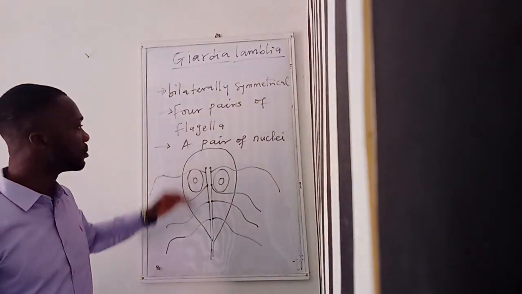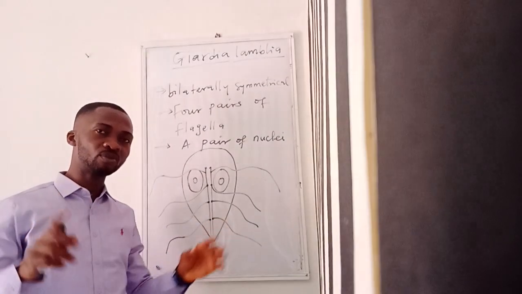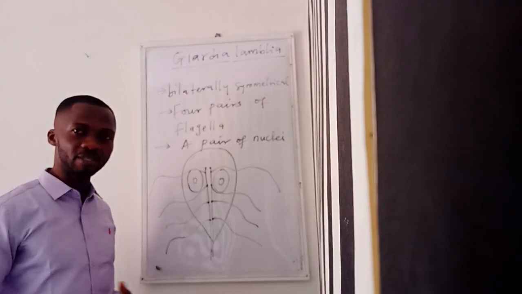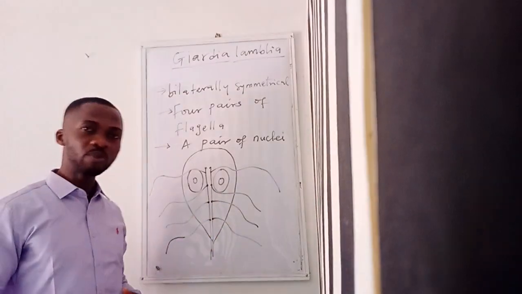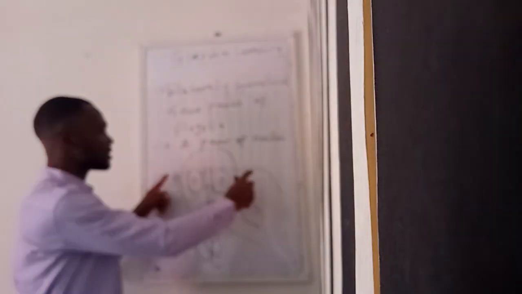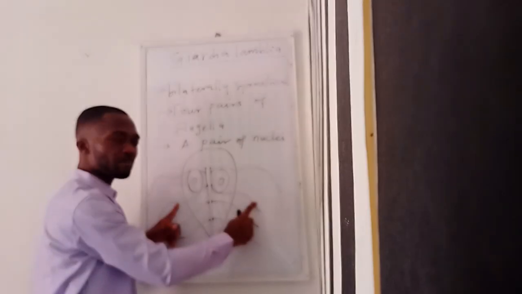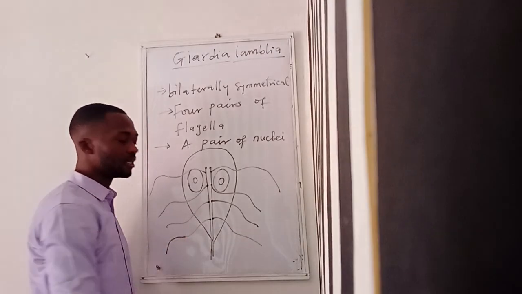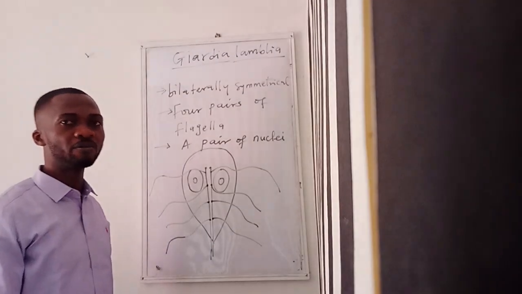It is also important to know that this parasite looks like an avocado pear split into two different halves. They're equipped with four different pairs of flagella. So this is the first pair of flagella, the second pair, the third pair, and the last pair of flagella.